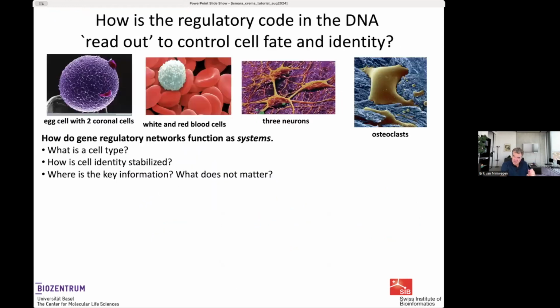All right. So to introduce the whole topic of what we are trying to do here and what the purpose of these tools is, I want to introduce you to some of the questions that motivate research in my lab.